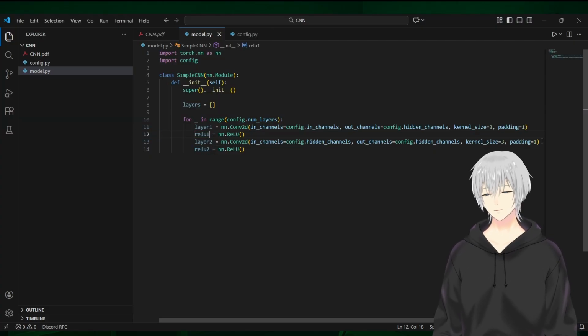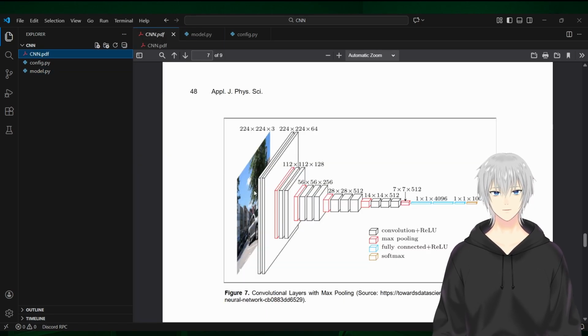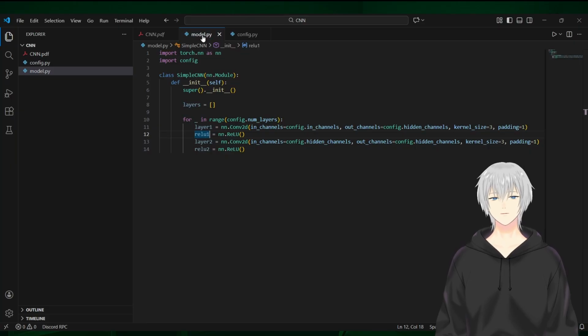Then we have a max pooling. I don't think I can make it like this.